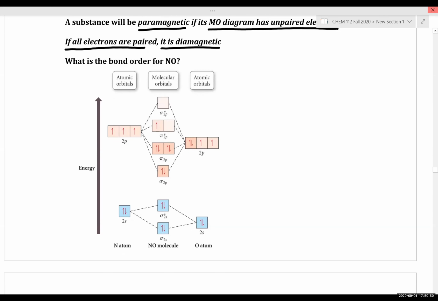So looking at nitrogen monoxide, we can in turn calculate the bond order. First and foremost, we count up all of our bonding orbital electrons.